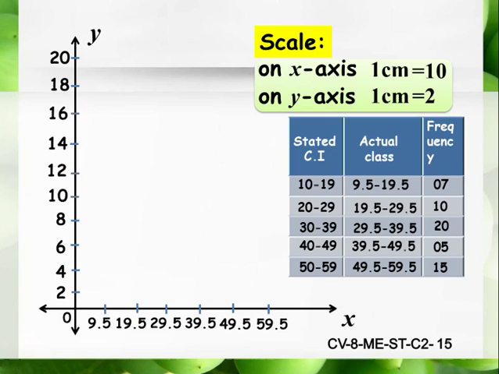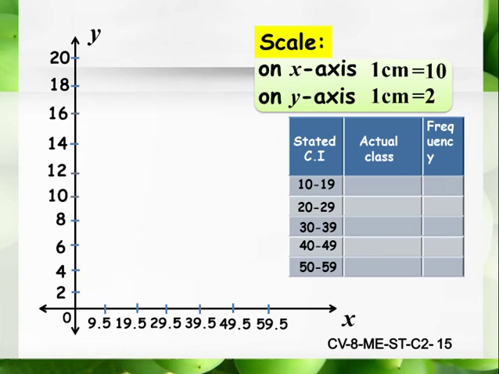In the same way, for 40 to 49, it will be 39.5 to 49.5, and for 50 to 59, it is 49.5 to 59.5, and the respective frequency is written. Now we shall take up this data to draw the histogram.